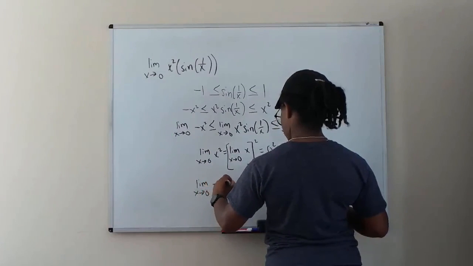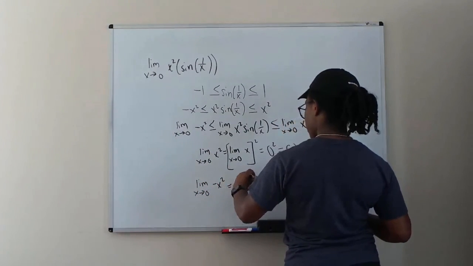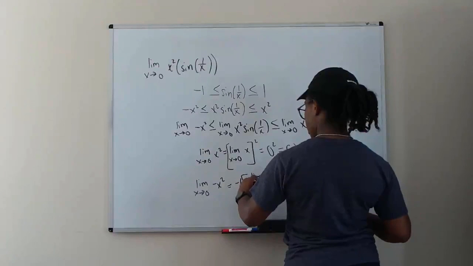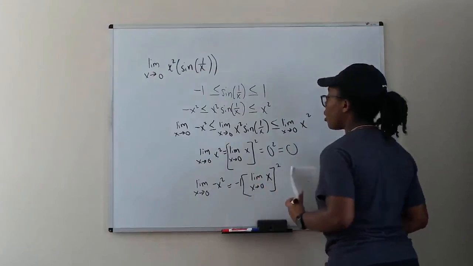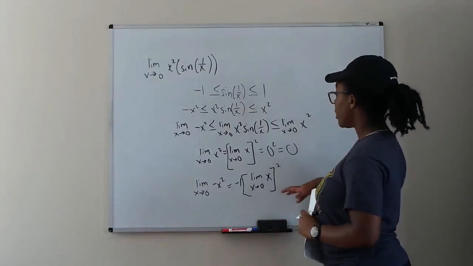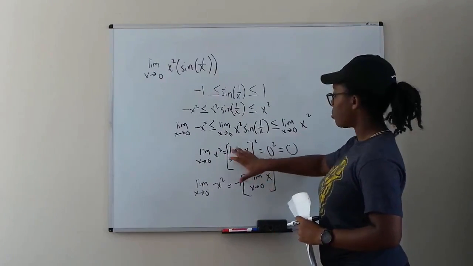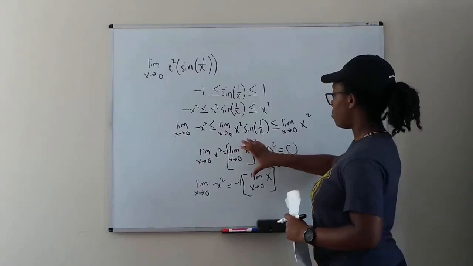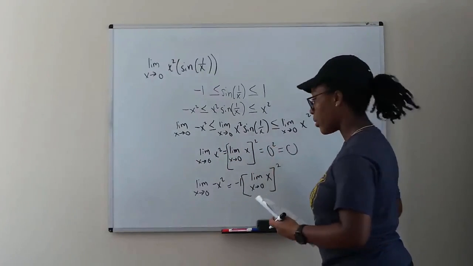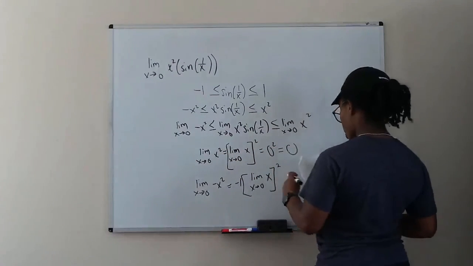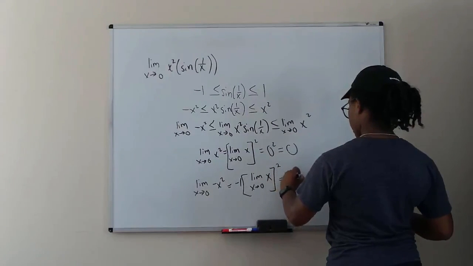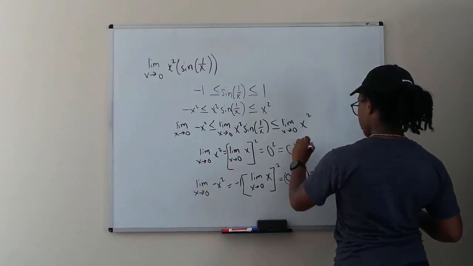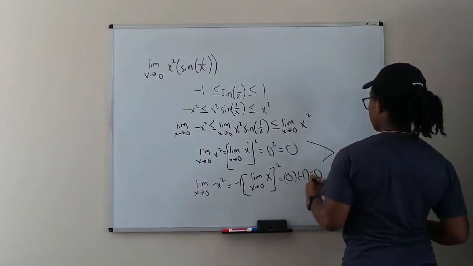So we pull a -1 out. So it's just still the limit as x approaches 0 of x. And then from one of our limit laws, we can pull the limit in, and then we're going to do a squared. That was our root law that I wrote up in the corner. Okay, so 0 times -1, still 0. These are the same number, which is 0.